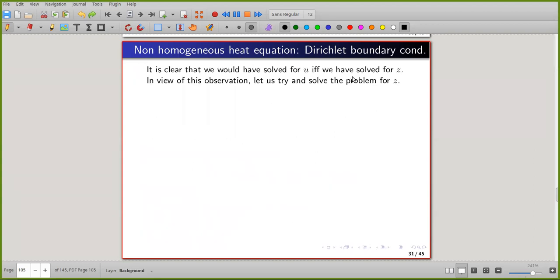Okay, so let's go ahead. It is clear that we would have solved for u if and only if we have solved for z. So in view of this observation, let us try and solve the problem for z.